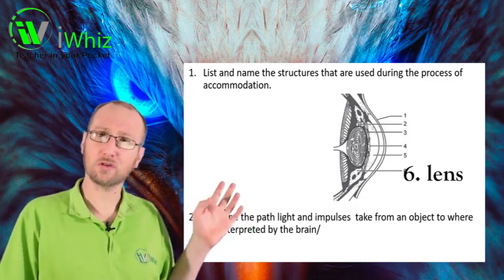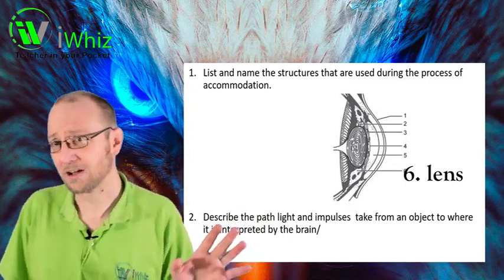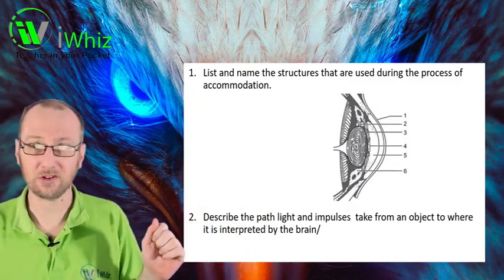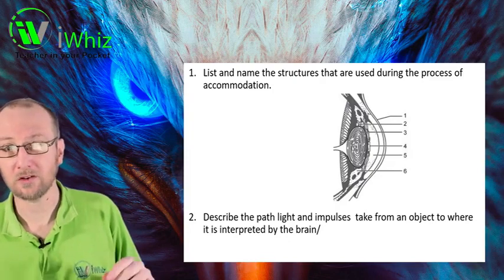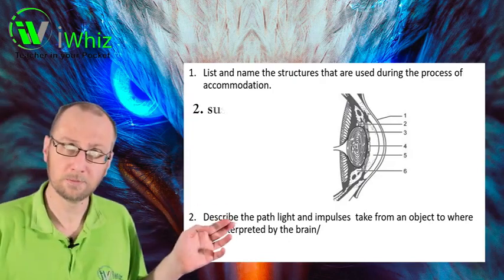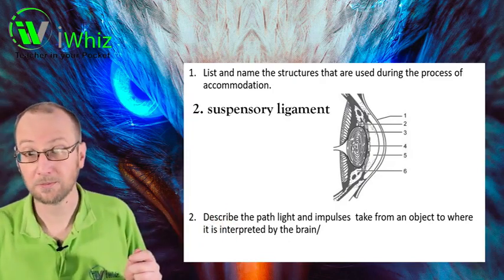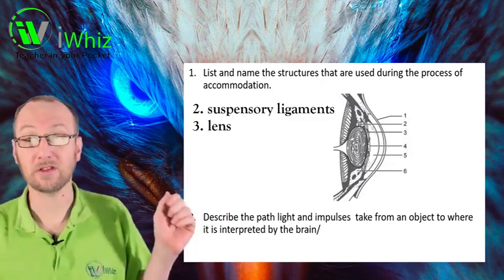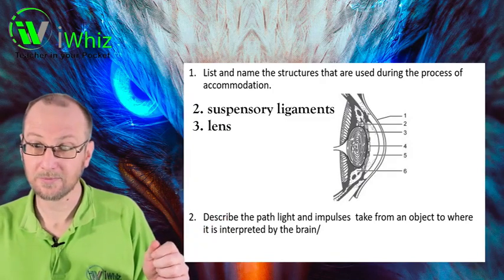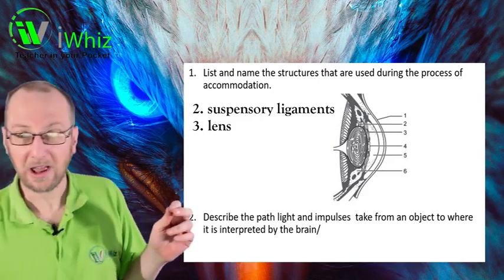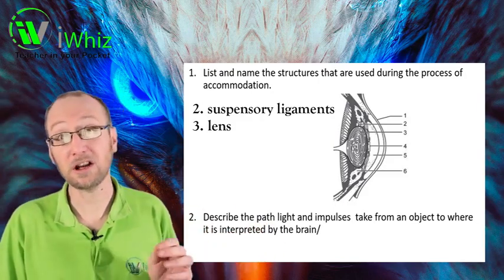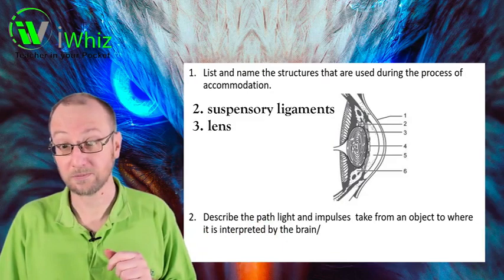So, which of those structures that we've just talked about are involved with the process of accommodation? So you would have said number 2, the suspensory ligament. Number 3, the lens. And actually that's it. We've only got the 2 structures here.